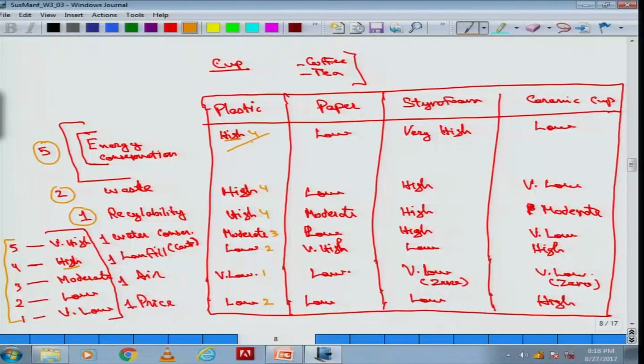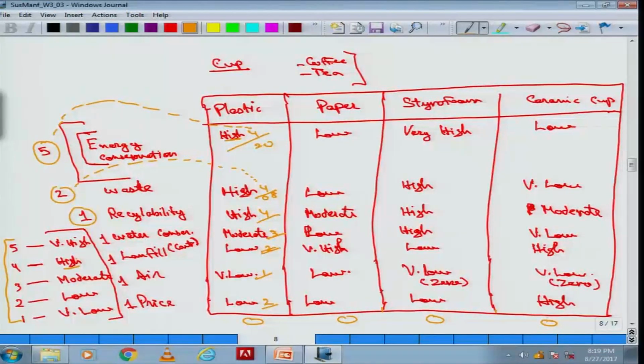The score for this point is 4 into 5, that is 20. The score for this point is 4 into 2, that is 8, right. Similarly, I can calculate all these scores here and come up with my final ranking based on the scores.